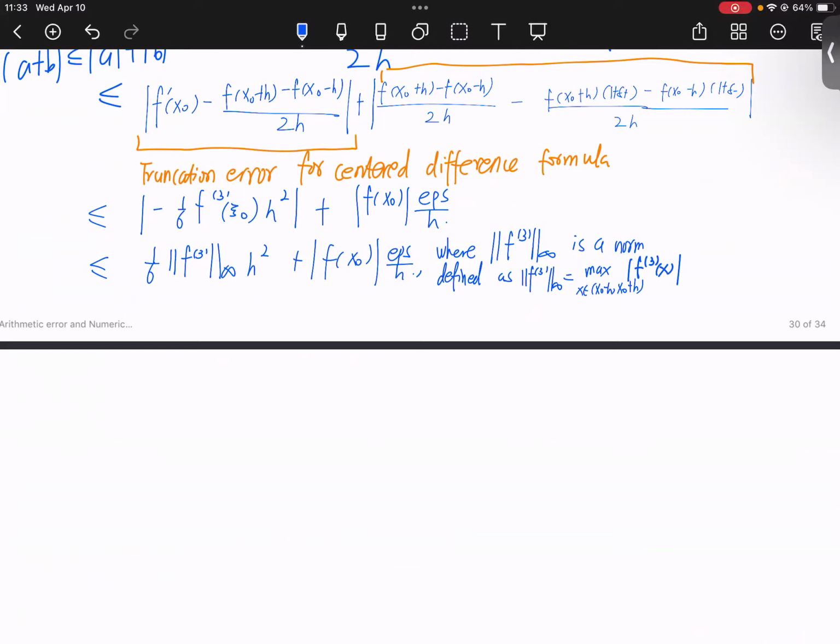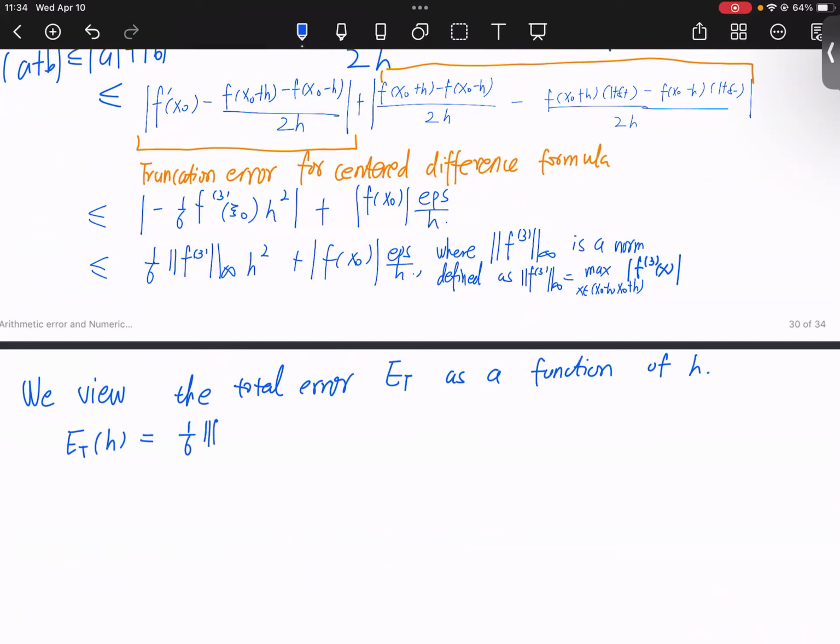So the total error, we view the total error as a function of h. The total error E_t is a function of h.